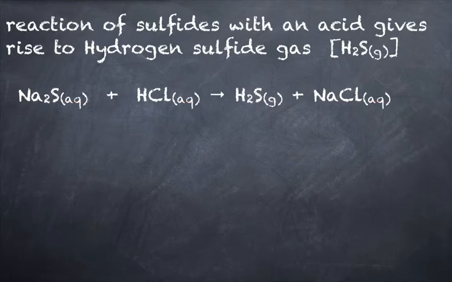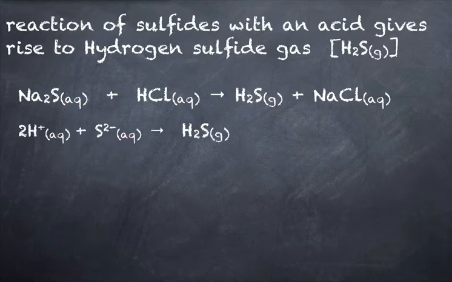What I'm not showing you in this video is that this is an ionic reaction. Everything breaks into ions. Then you have spectator ions on both sides. You cancel the spectator ions and you have a result, a net ionic reaction. So sodium sulfide plus hydrochloric acid, when those switch partners, you're going to end up with H2S, which is your hydrogen sulfide gas, plus aqueous NaCl floating around in the water.